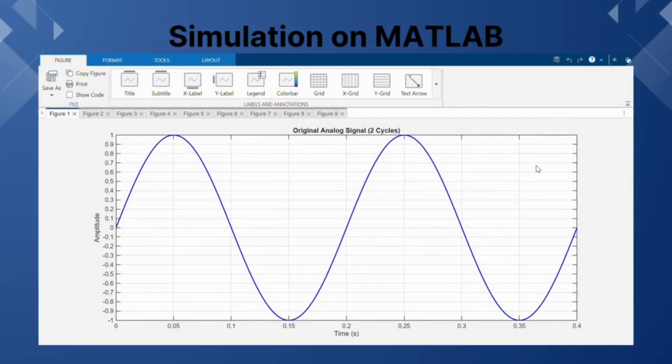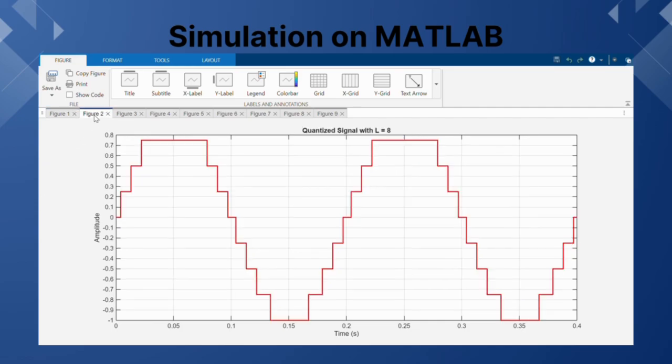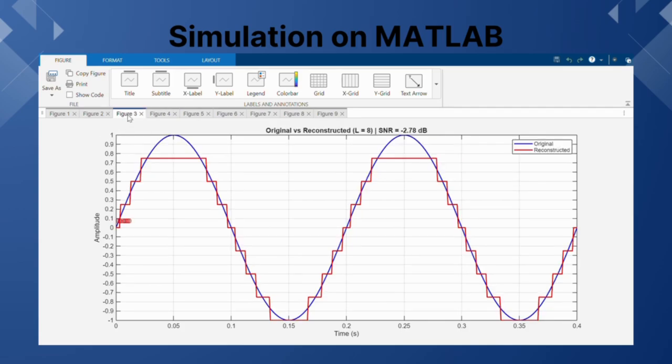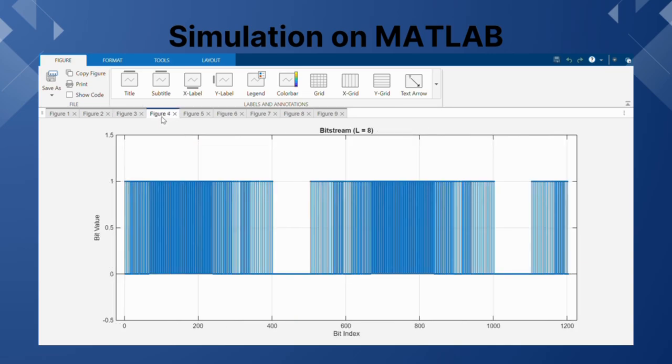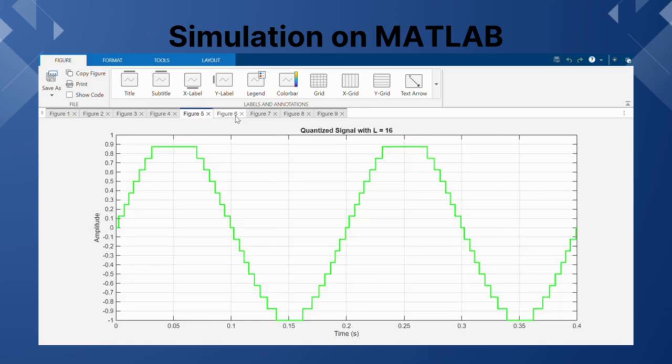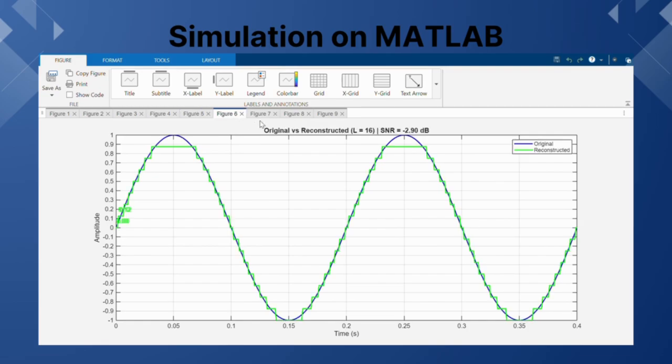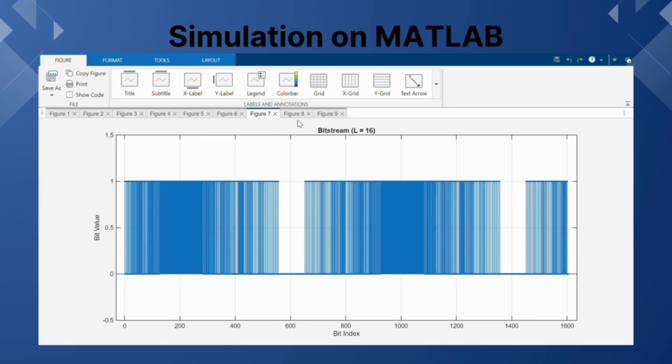So in this simulation, it shows the original analog signal in 2 cycles, the quantized signal with level 8, and original versus reconstructed signal for level 8, and the bit stream for level 8 PCM. So next, this is the quantized signal of level 16 PCM with its original versus reconstructed signal of level 16 PCM and its bit stream.